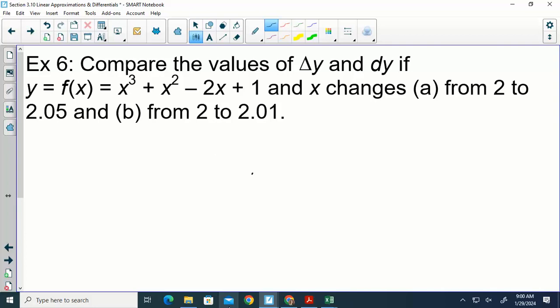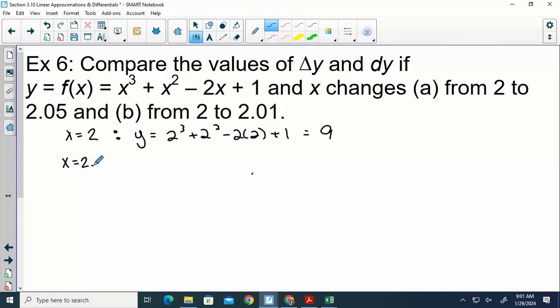So first, we can find the actual change in y. If my x is 2, then my y would equal 9.